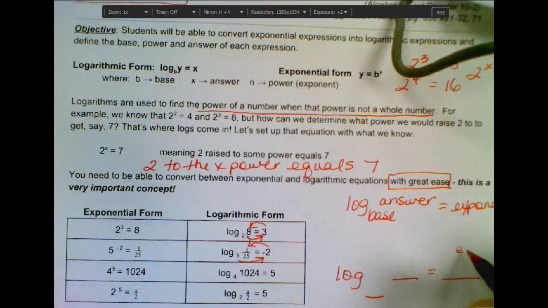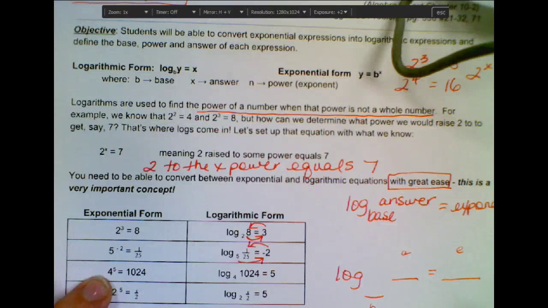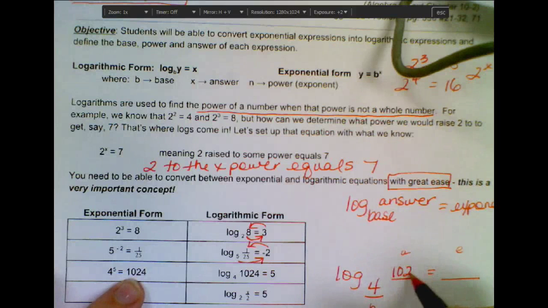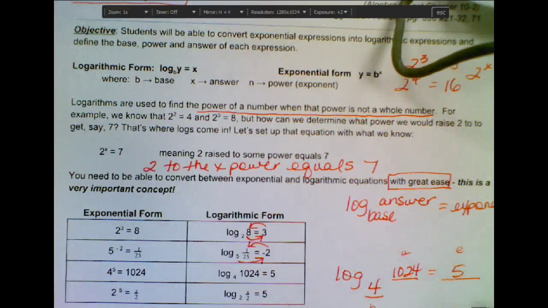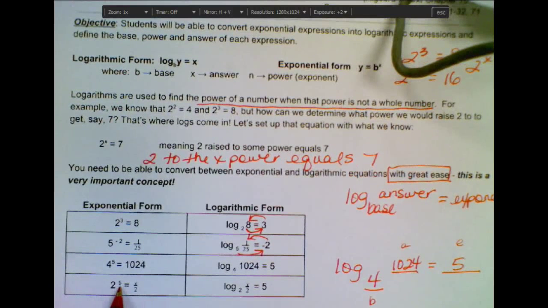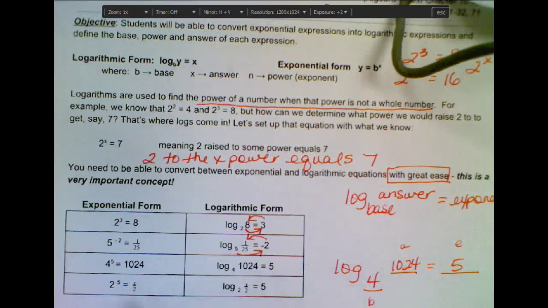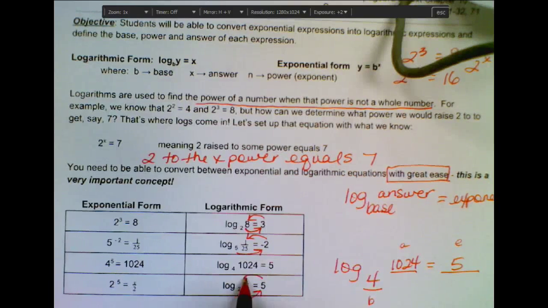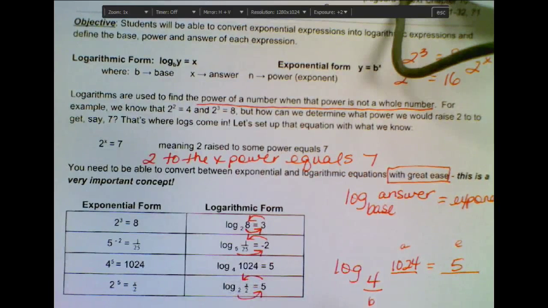You always know this is going to be your exponent, this is going to be your answer, this is going to be your base. So if we're using 4 to the 5th equals 1024, 4 is your base, the answer is 1024, and your exponent was 5. 2 to the 5th equals x over 2. We don't even need to know what that answer is yet. It's going to be 2 to the 5th equals x over 2.